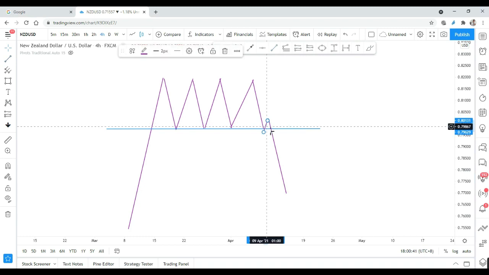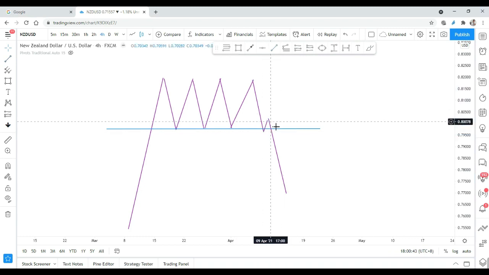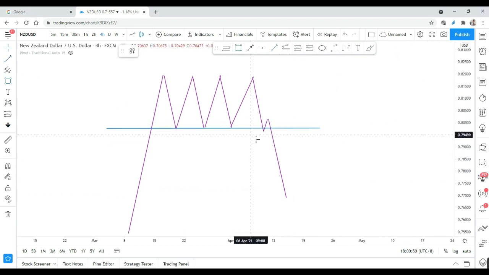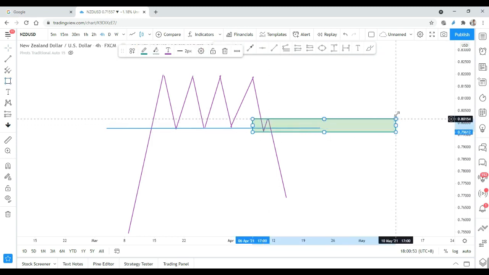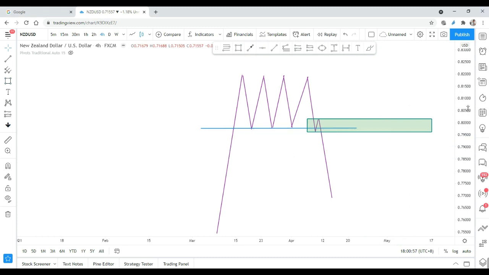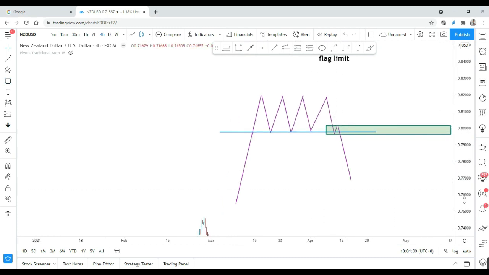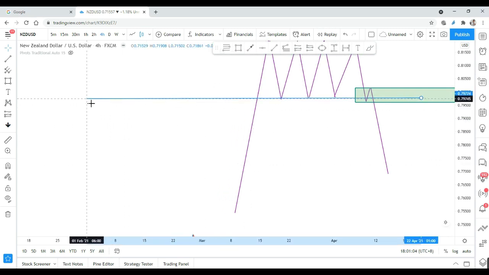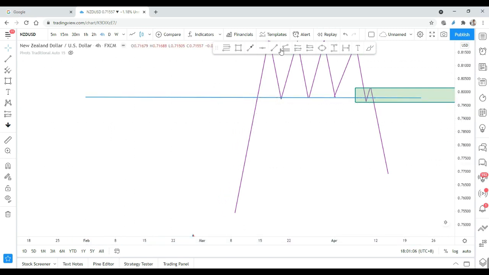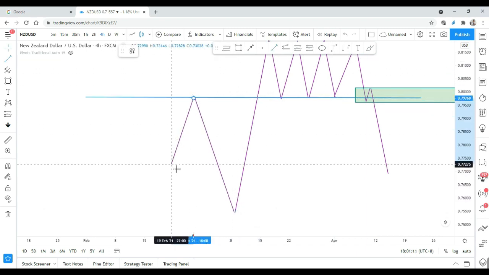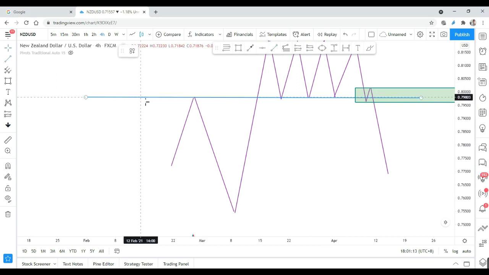Maybe sometimes it will create a supply zone before it drops. So what you can do is snipe it, making the zone smaller. And if this zone, or this line, coincidentally aligns with another rejection, then this will be a perfect setup.